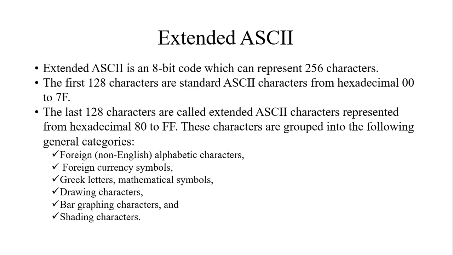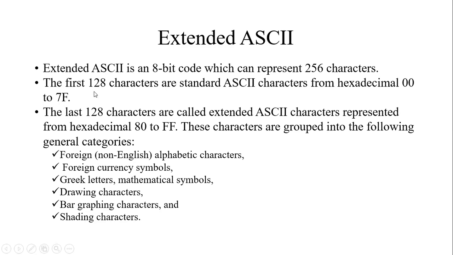Extended ASCII. Extended ASCII is an 8-bit code which can represent 256 characters. 2 raised to power 8 is 256. 2 raised to power 7 is 128. So standard ASCII represents 128 characters, and extended ASCII represents 256 characters. The first 128 characters are standard ASCII characters, with codes from hexadecimal 00 to 7F.